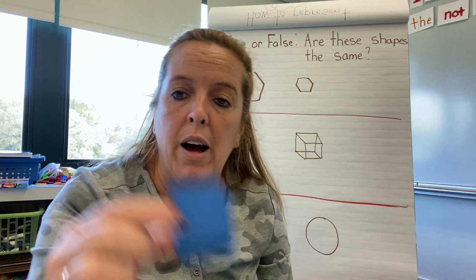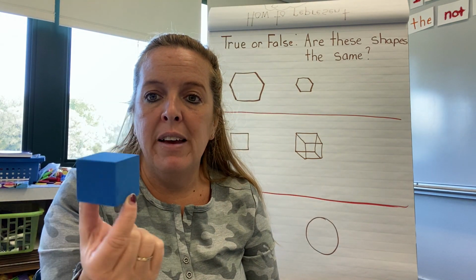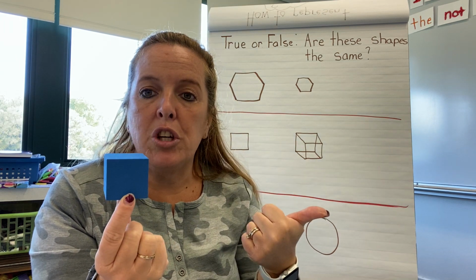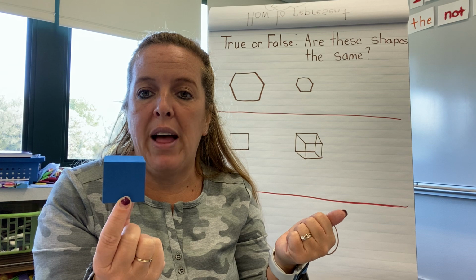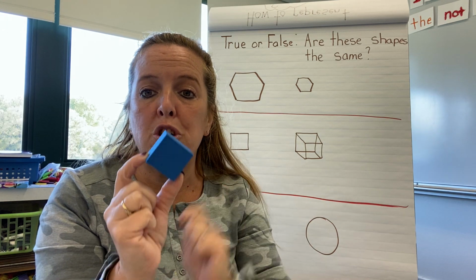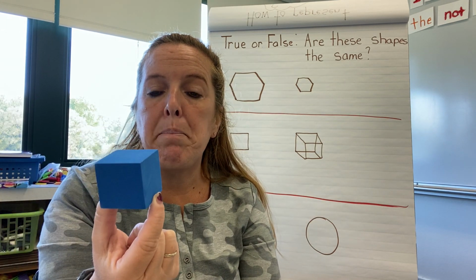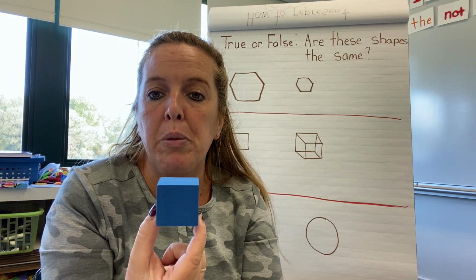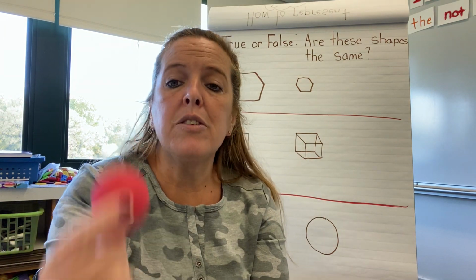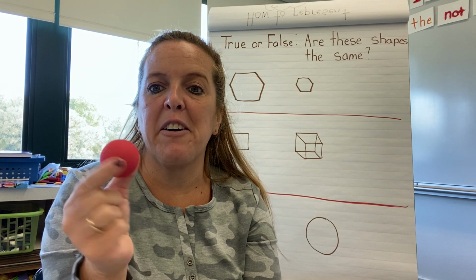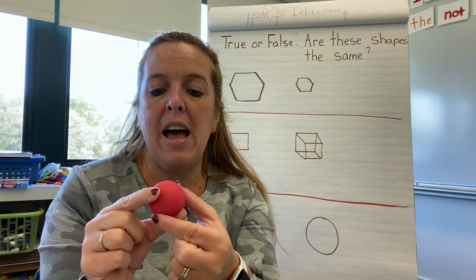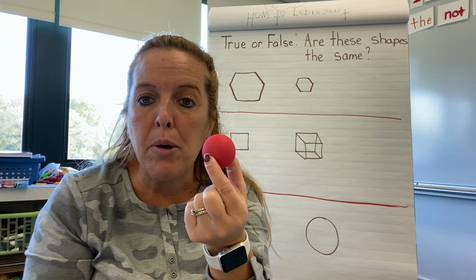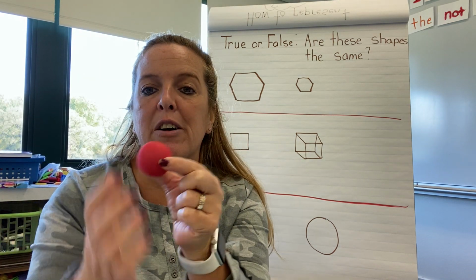So this one is a 3D shape and it's a cube, like an ice cube, like a dice that you play with, like a Rubik's Cube with the colors, like a box that you might put a gift in. It's a cube. This one is called a sphere, kind of like a bowling ball or a basketball or a marble.